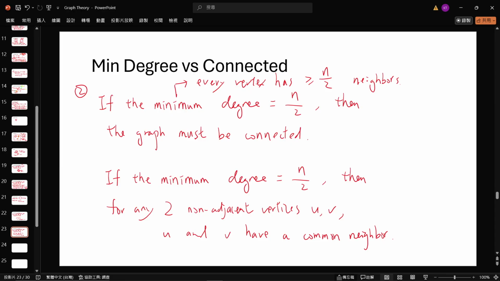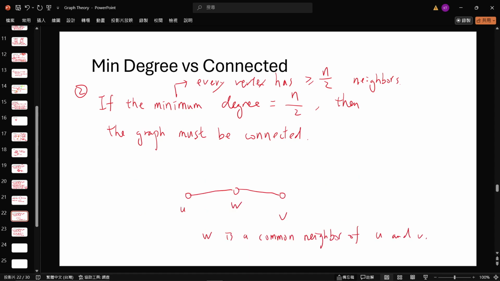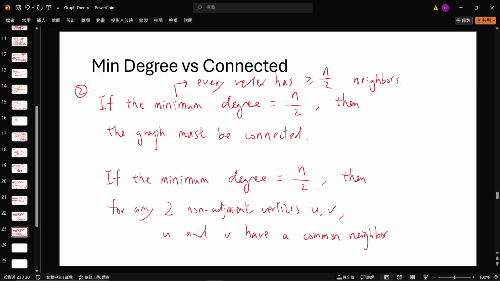I think I don't have time for the proof, but I can explain this statement, okay? If the minimum degree is n over 2, then if you have two vertices that are not adjacent, meaning there's no edge between them, like u and v in this case, we can still find a very special vertex, a common neighbor between u and v.